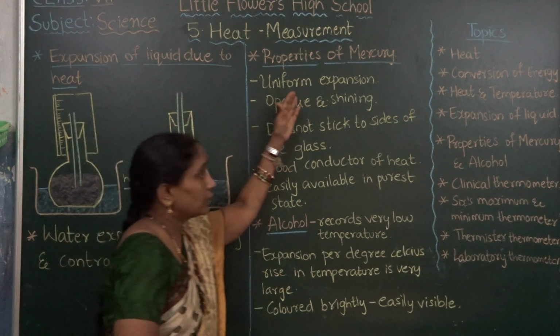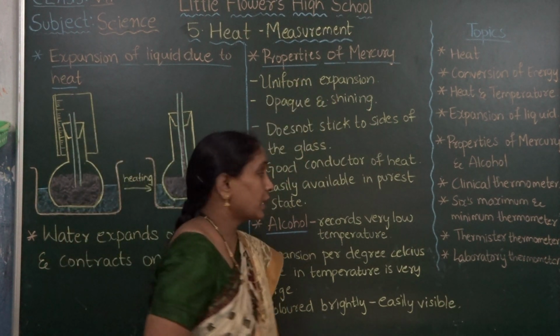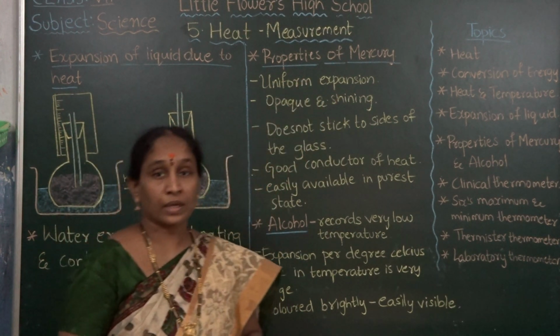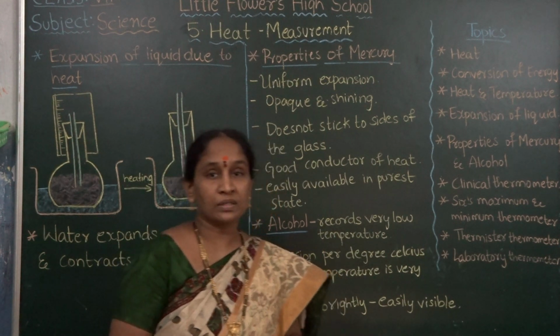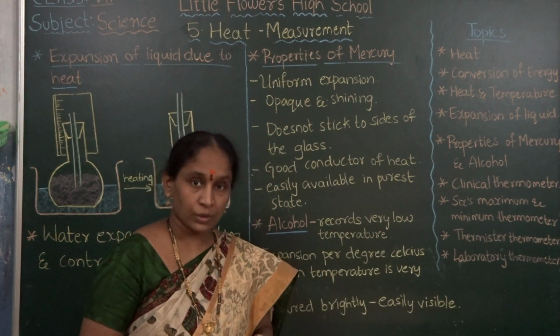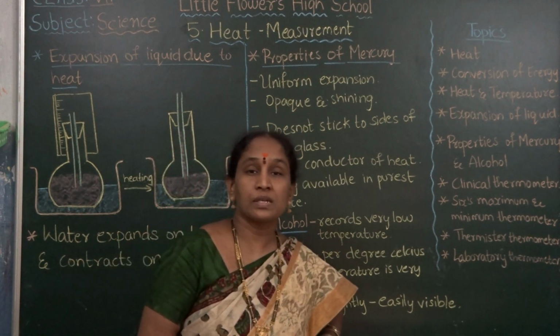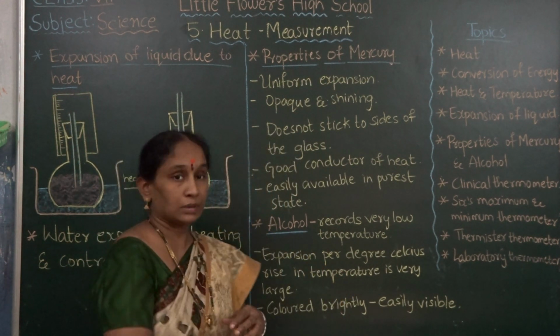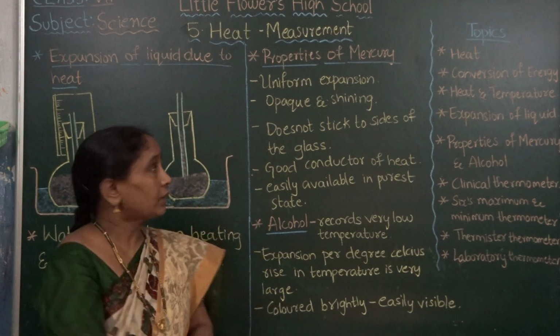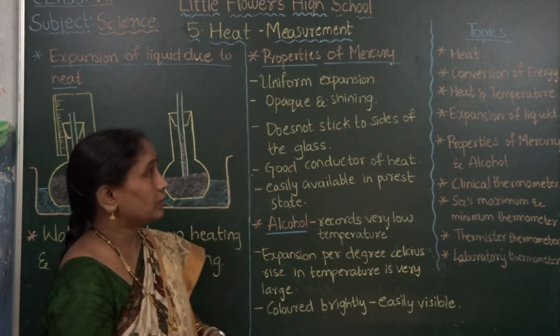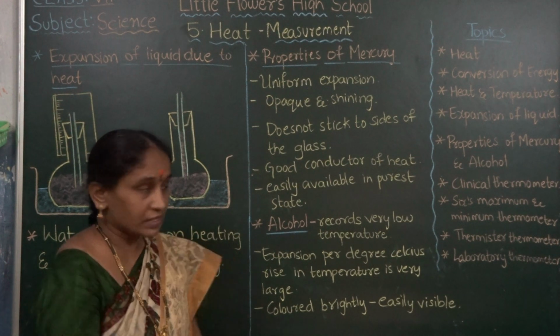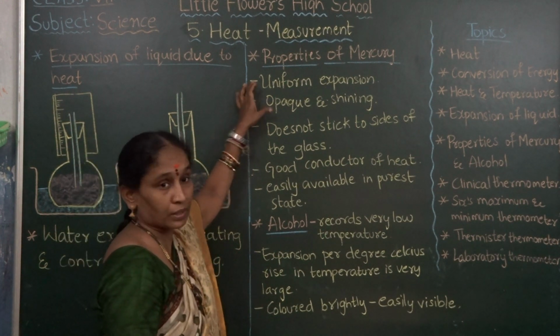Next, what are the properties of mercury and alcohol? Which liquids are used in thermometers? Yes, mercury and alcohol. These two are thermometric liquids, which are used in thermometers. First, the properties of mercury.